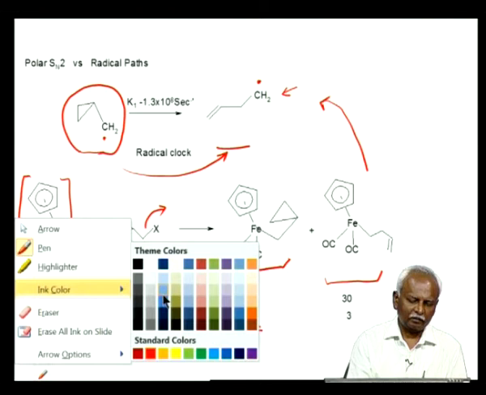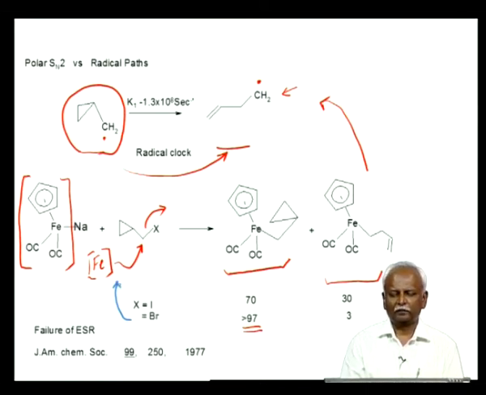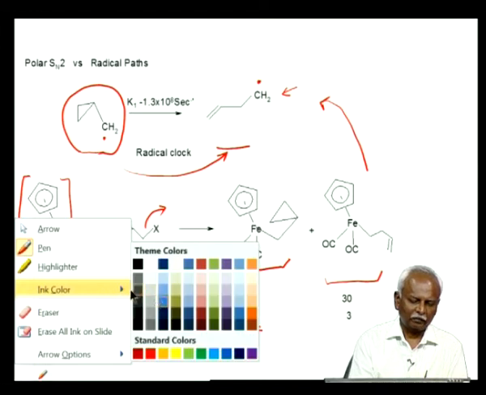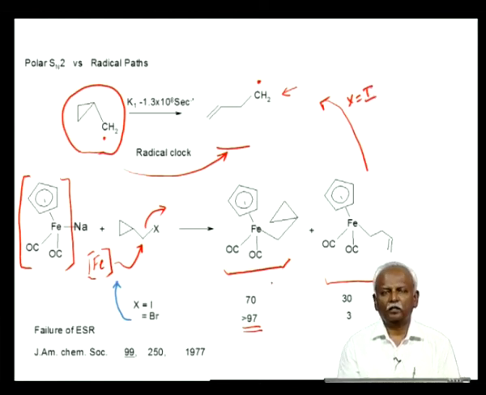With Br as a leaving group, we have only this channel. With iodine as a leaving group, we have the radical channel. So, X equals iodine gives the radical channel and X equals Br gives you the ring unopened product.